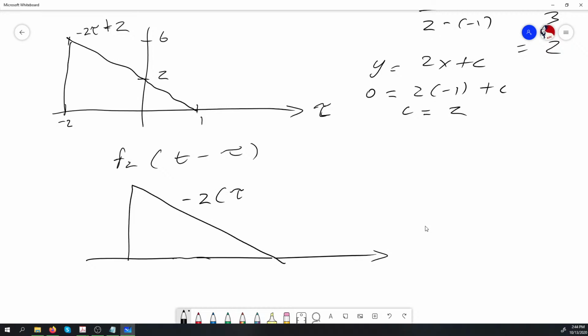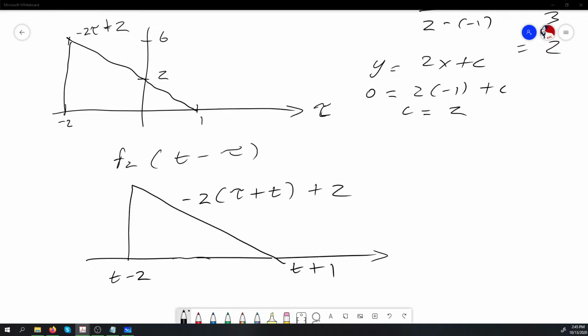So this is t plus tau plus t, sorry, plus 2. And this here will become t minus 2, and this here will become t plus 1. I just want to make sure this was correct. Right, yep, that's correct.